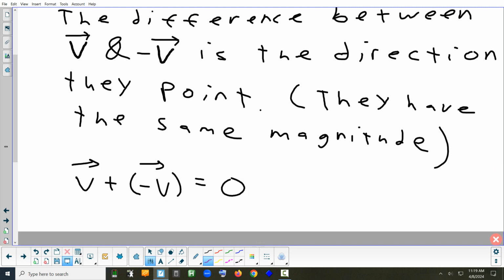The way I had it written on the board, that's technically not right. Now it is. And we saw an example of that earlier, where the two vectors were pointing in exactly opposite directions and they canceled out.